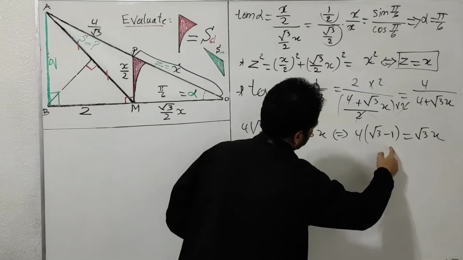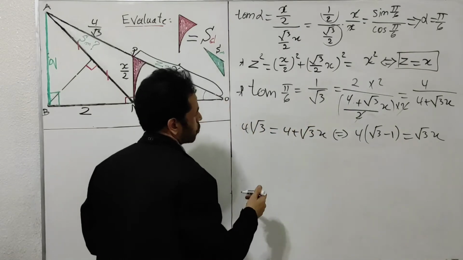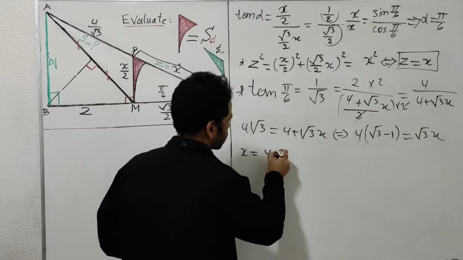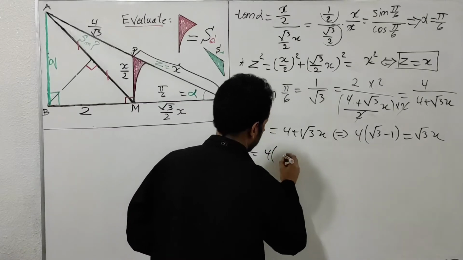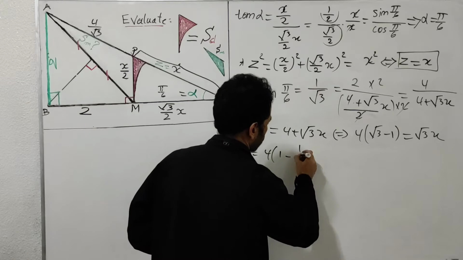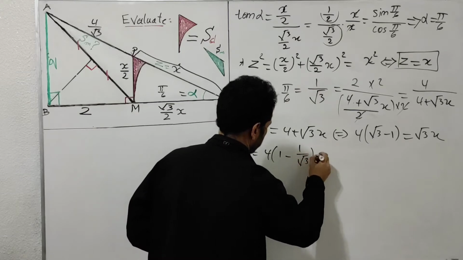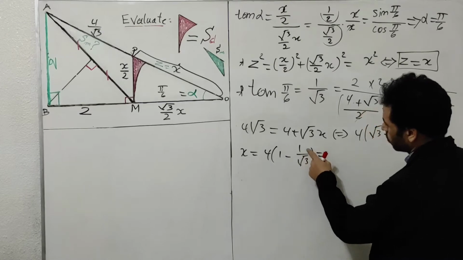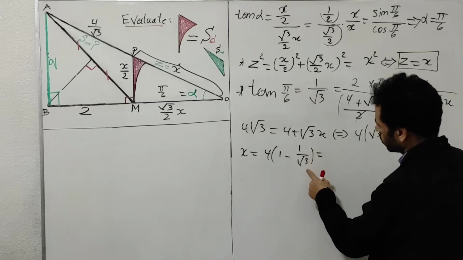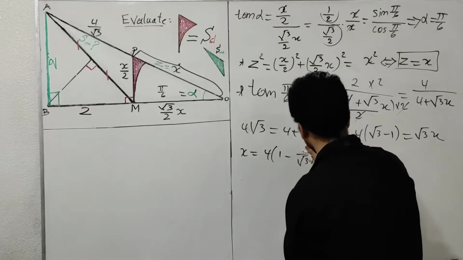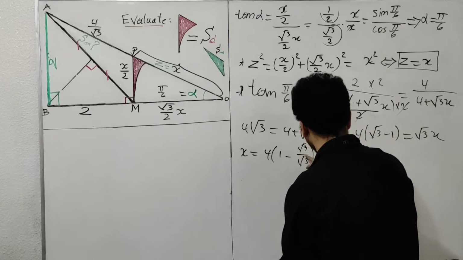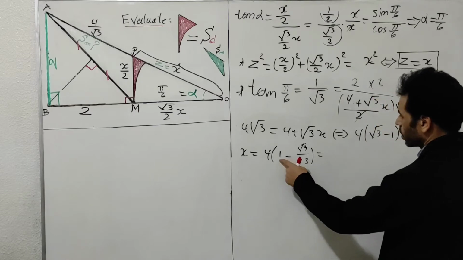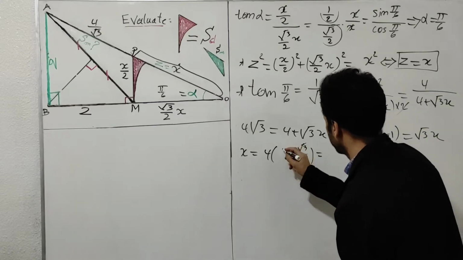Okay, by dividing both sides by square root of 3, I will get x equals 4 times (1 minus 1 over square root of 3). By simplifying this more, I'm going to take the reciprocal of 1 over square root of 3. I will get square root of 3 over 3. Okay, so I'm going to multiply side by side. I will get here 3.